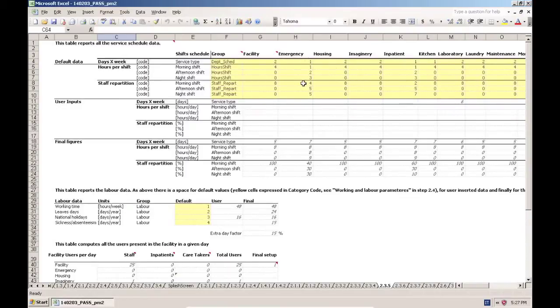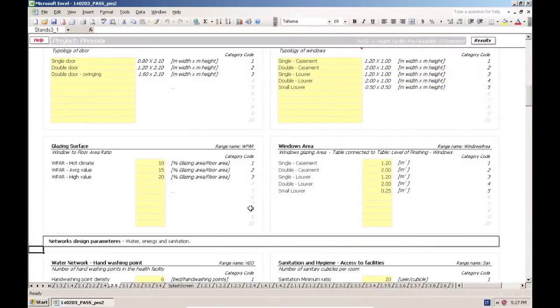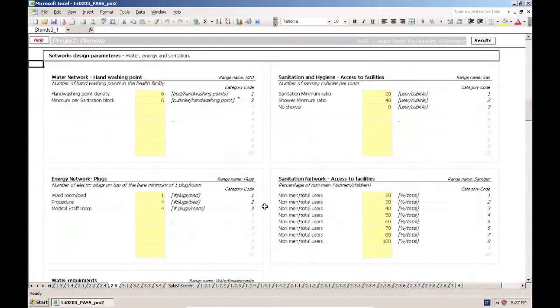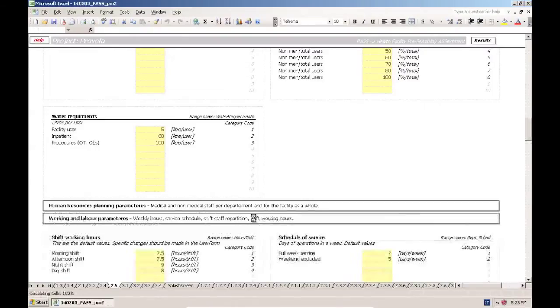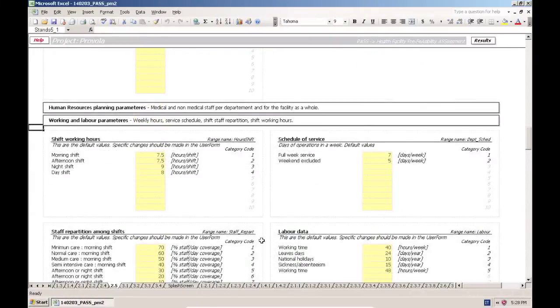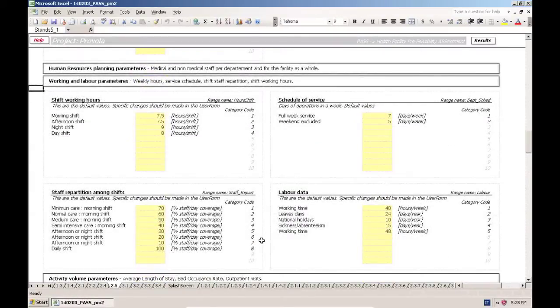These codes again refer to actual numbers that are reported here in the working and labor parameters family, and you see here exactly the same principle as before. You have this table, and for example, shift working hours, you have the codes that correspond to a specific value.